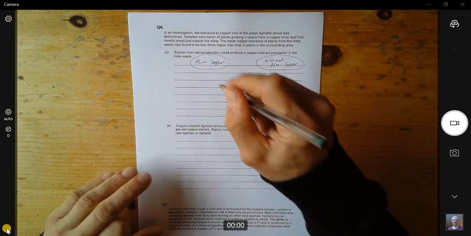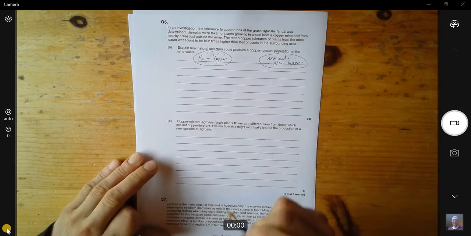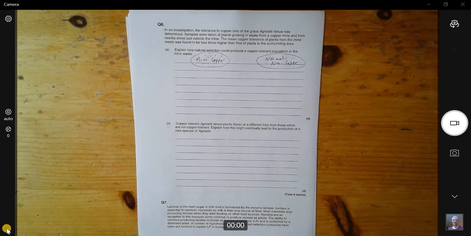Where's my green pen? Here we are. So we've got grass growing here, and we've got grass growing in the normal area as well. The mean copper tolerance of plants from the mine waste was found to be 4 times higher than plants in the surrounding area. So no surprises there.